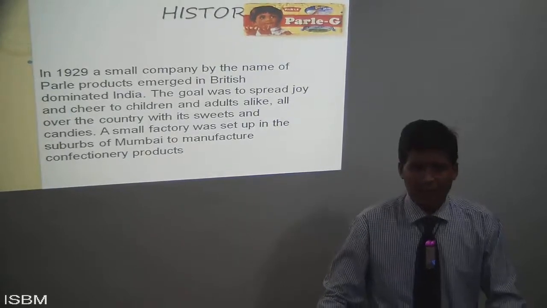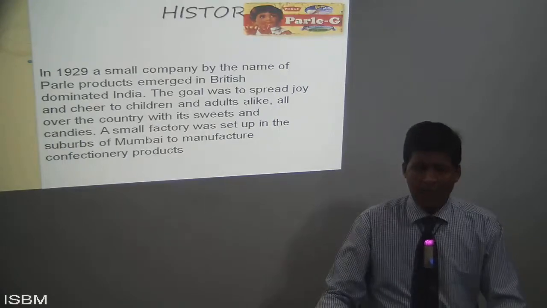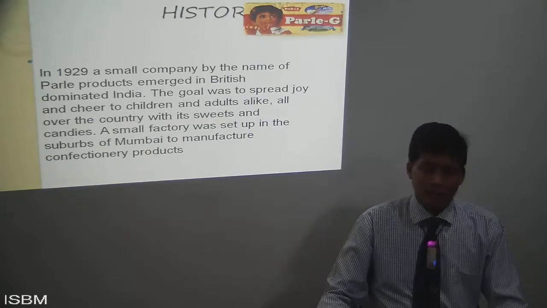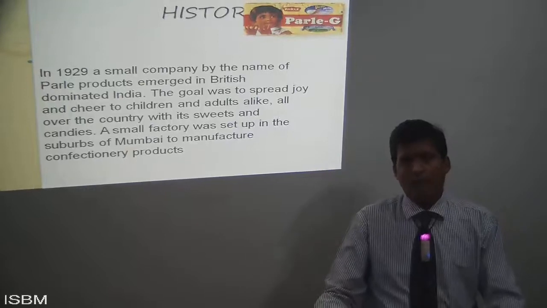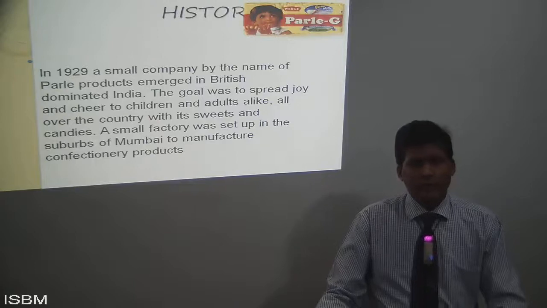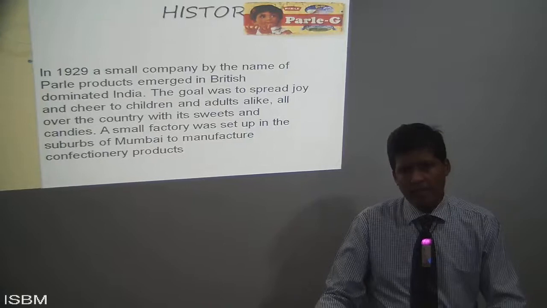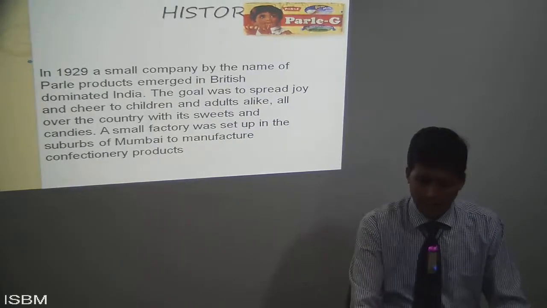Now a small factory was set up in Vile Parle, a suburb of Mumbai, to manufacture confectionery products. Vile Parle is in the western suburbs, very close by from where I'm delivering this lecture, around 235 kilometers from here. So the name Parle comes because of its location of Vile Parle.